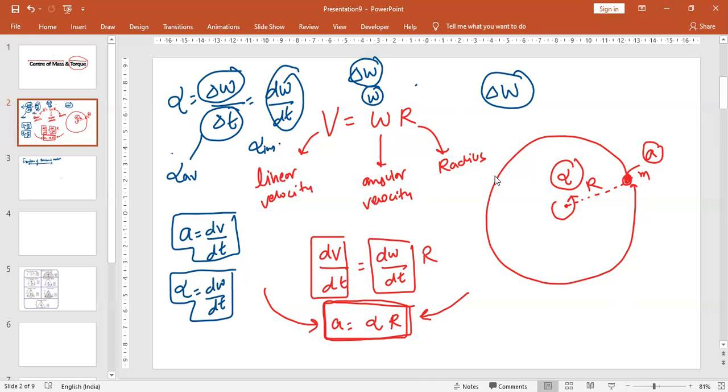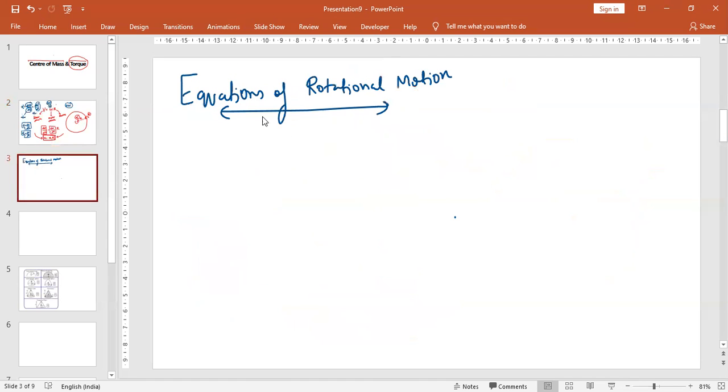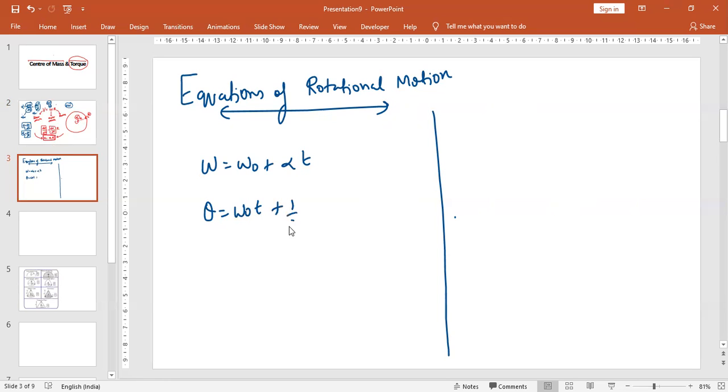Okay, now for rotational motion, the equations will be something like this. So omega will be equal to omega naught plus alpha t. Theta will be equal to omega naught t plus half alpha t square. And omega square will be equal to omega naught square plus 2 alpha theta.